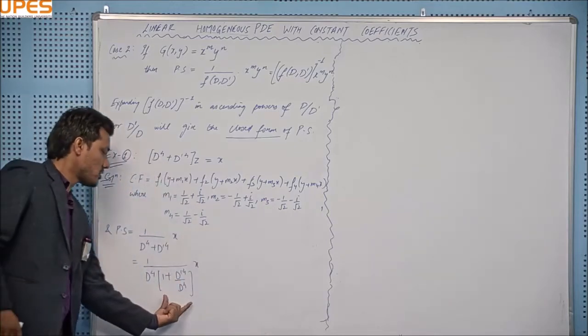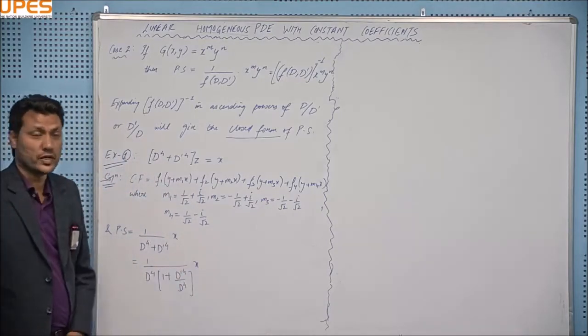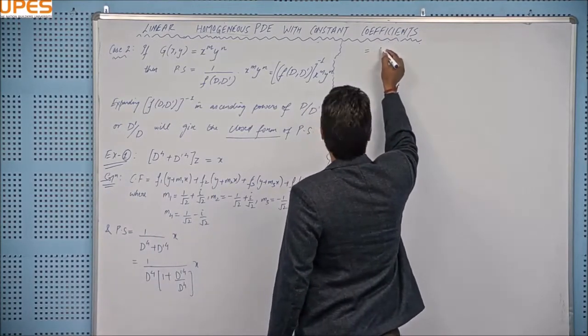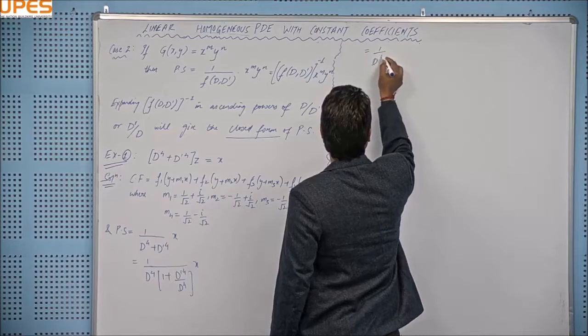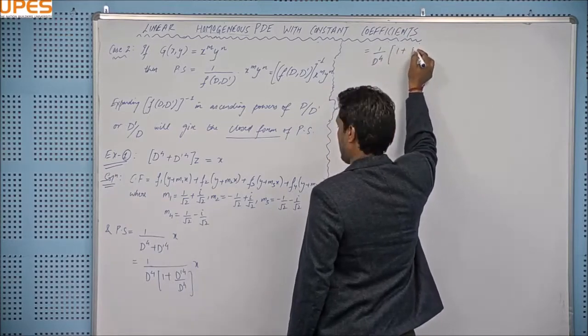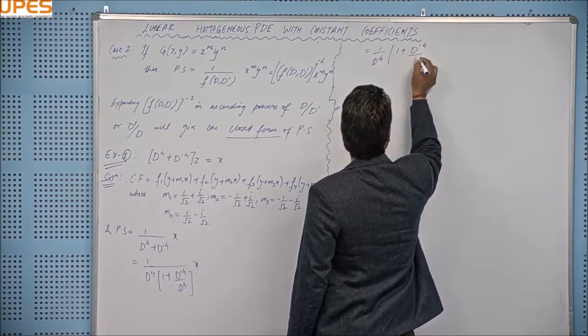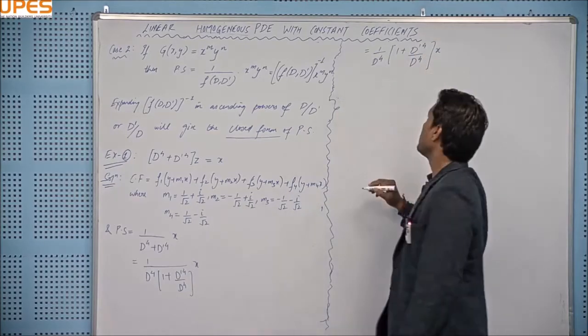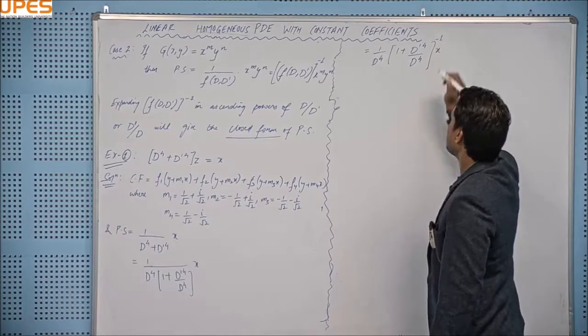Then it will be brought up in the numerator with the power minus 1. It will become 1 upon D^4 times (1 + D'^4/D^4) to the power minus 1 of x, right?